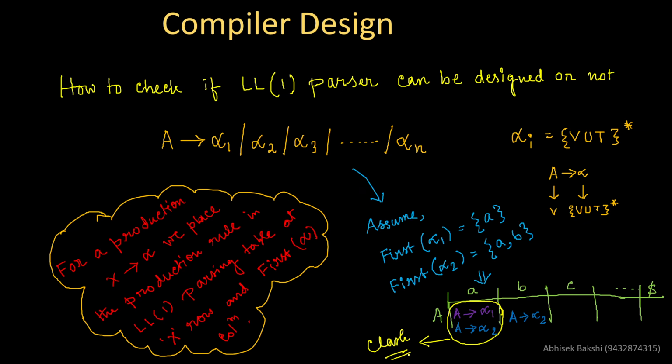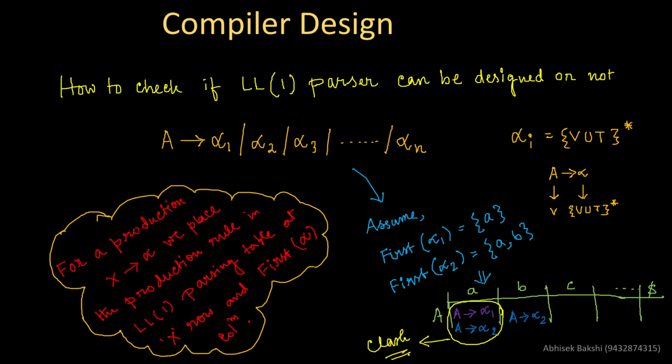So naturally, if a machine runs the algorithm with the help of this LL1 parsing table, and the algorithm sees small a on the tape and capital A on the top of the stack, what production rule has to be used?